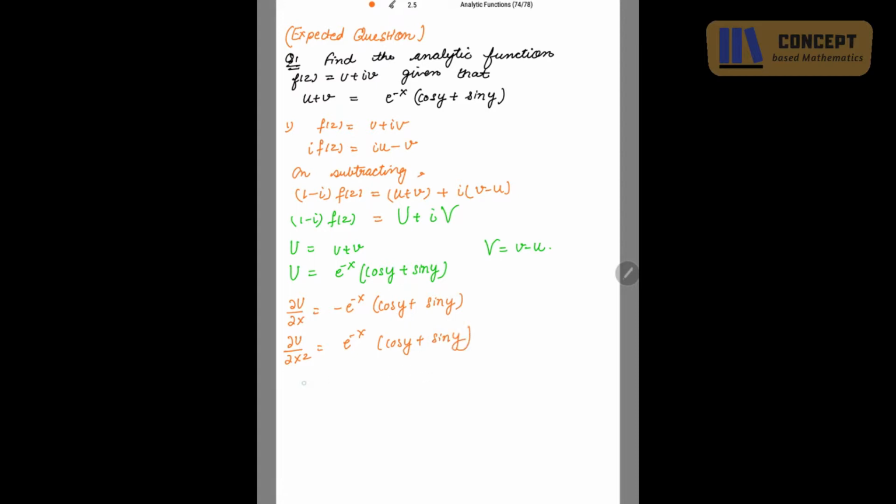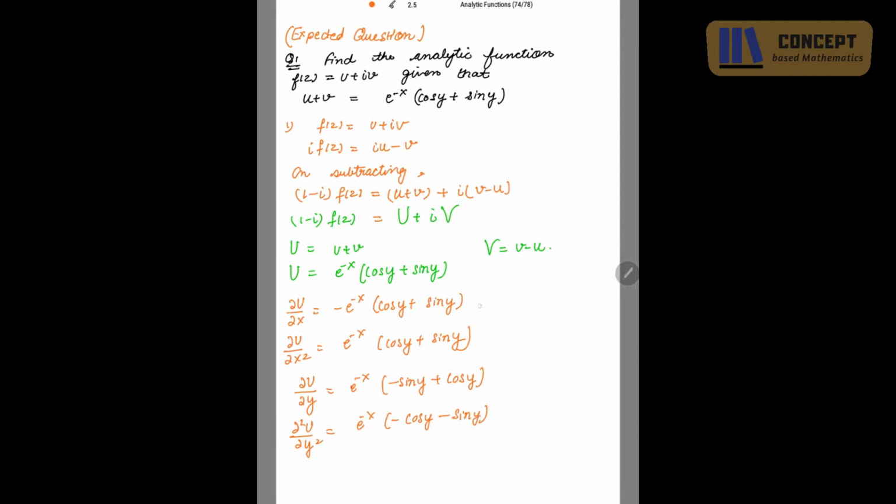Now differentiating with respect to y, this is e to the power minus x times (minus sin y plus cos y). Again differentiating with respect to y, this is e to the power minus x times (minus cos y minus sin y).